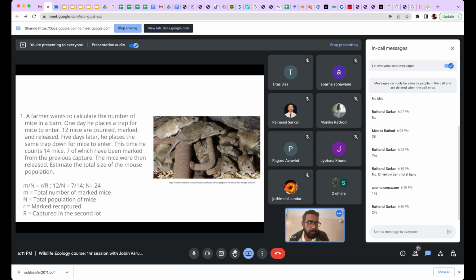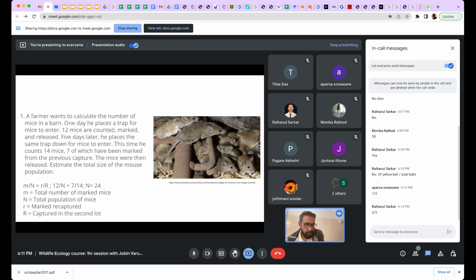Okay. So the total population is N, and the marked mice is R. I'm sorry, marked mice is M. So M is the marked mice and total population is N. So what is the probability that I pick a marked mouse? It's the same as yellow balls, red balls.